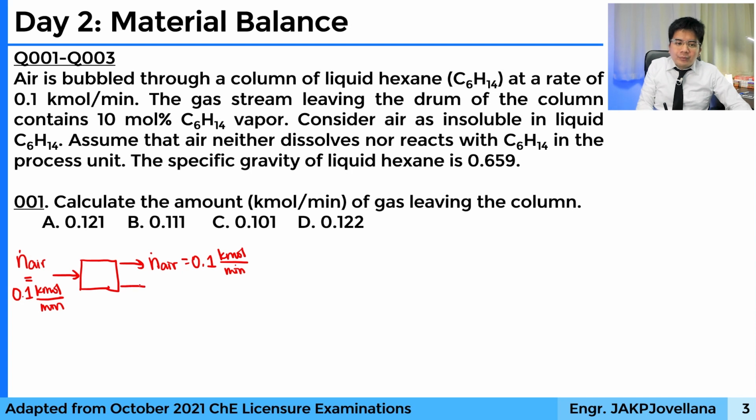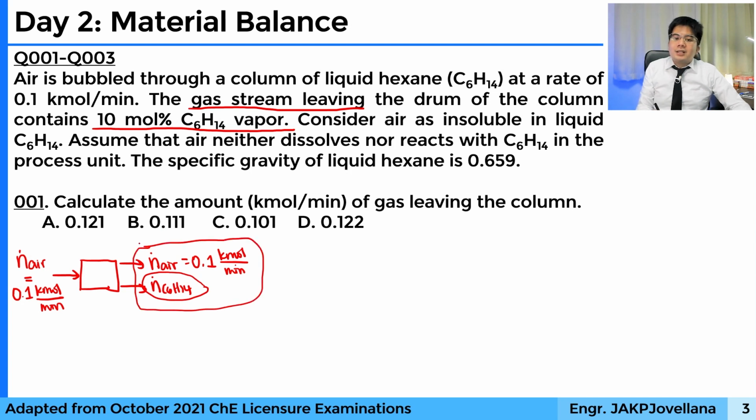At the same time, we also have hexane C6H14 leaving the unit. The important information for the first question is that the gas stream leaving the drum of the column contains 10 mole percent of the hexane vapor. So we can represent that as the moles of hexane divided by the total moles leaving the unit, or the exiting stream, is equal to 10 mole percent.